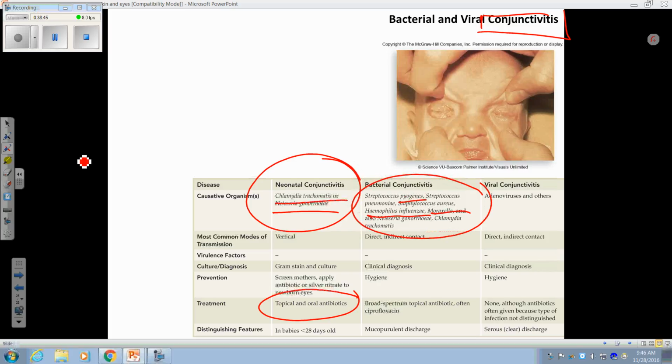So all those bacteria that I mentioned, the Strep pyogenes, Strep pneumoniae, Staph aureus, H. influenzae, Moraxella catarrhalis, they all are respiratory pathogens. Okay? As well as Neisseria gonorrhea and Chlamydia trachomatis.